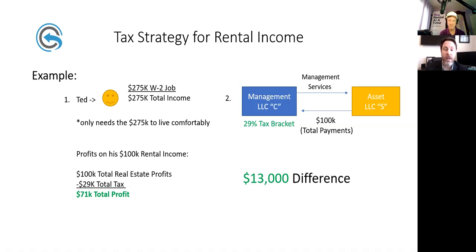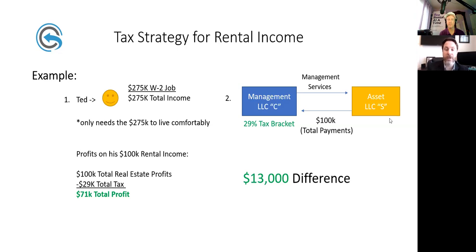And so instead of having income fall down from the LLCs that own the properties directly to Ted, like in the previous example, we have the income being basically paid as a management fee over to your management company. And so you'd have made some resolutions, you'd have different invoices going from the management company to the entities that are being managed.